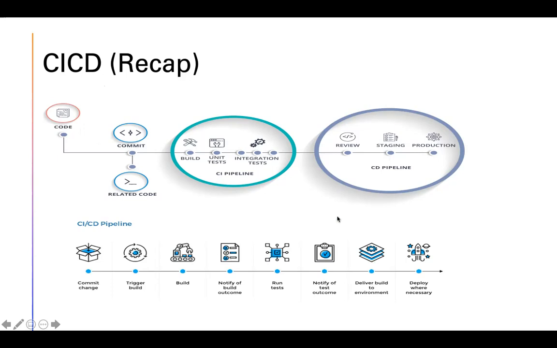This is another sample of CICD: commit change, trigger build, and again, Jenkins, we kind of do most of all these things through integration of various tools. Build, you can notify the developer or the team, run a test within that, notify if the test passes or fails. They can do all those things within the pipeline.